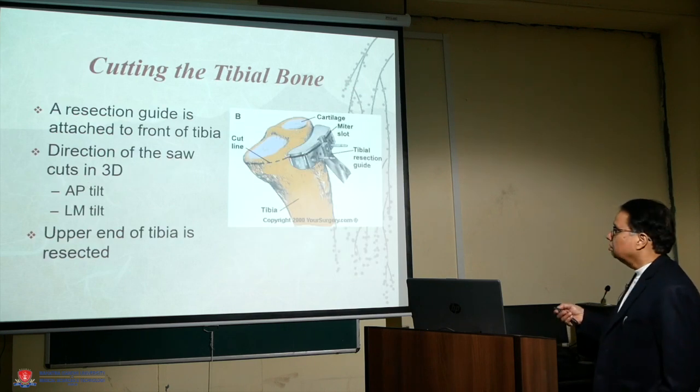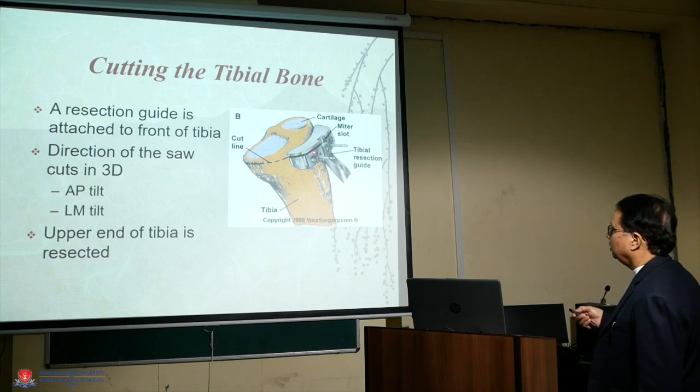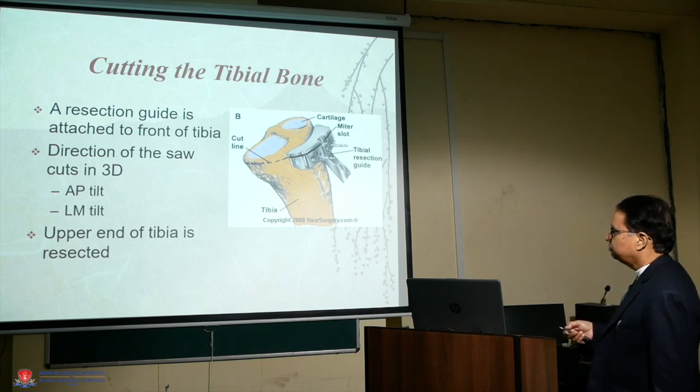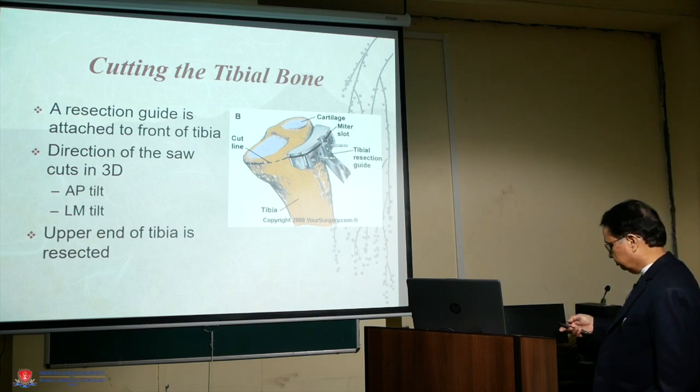As we have shown in the femur, we also cut the tibia with the jig, fixing it this way so that uniformity is there, right? Anterior, posterior, tilt, all things are managed in this jig.